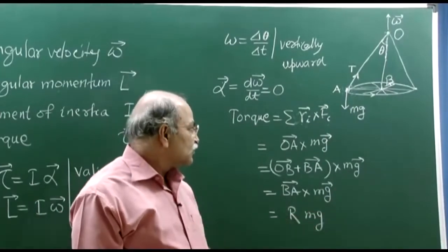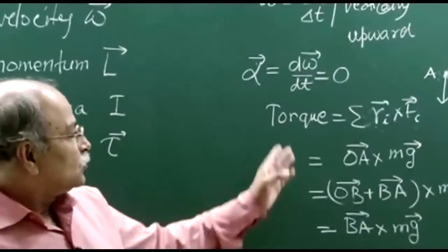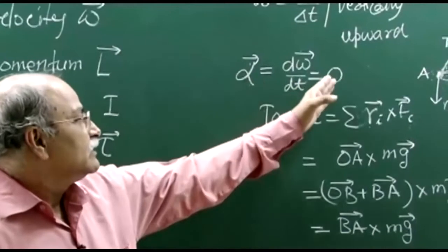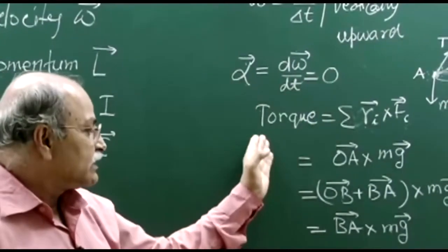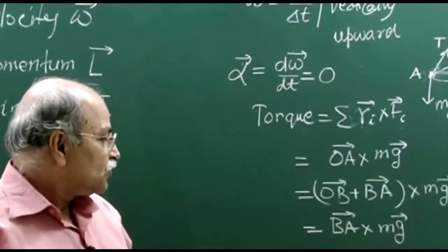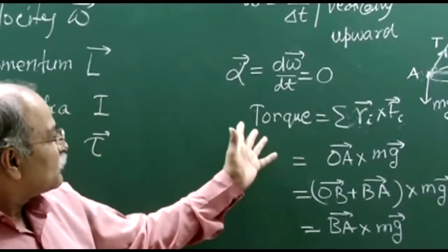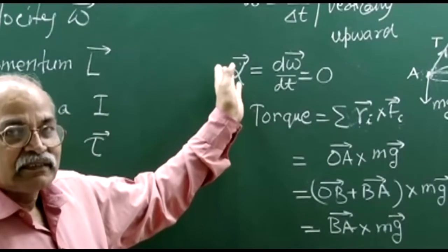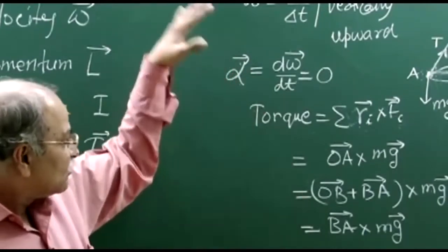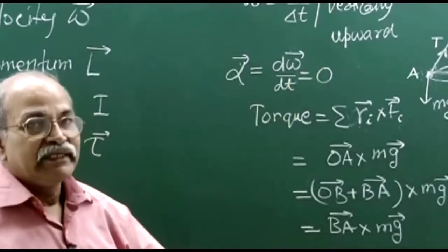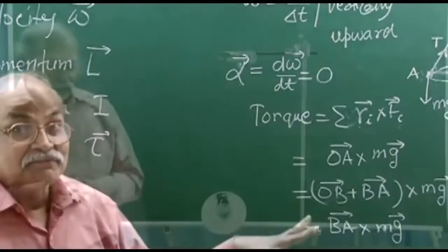So, you see that the torque is not 0, the angular acceleration is 0, but torque is not 0. So, it is not always true that torque produces angular acceleration, that torque is equal to I alpha. If alpha is 0, torque should be 0. It is not always true.